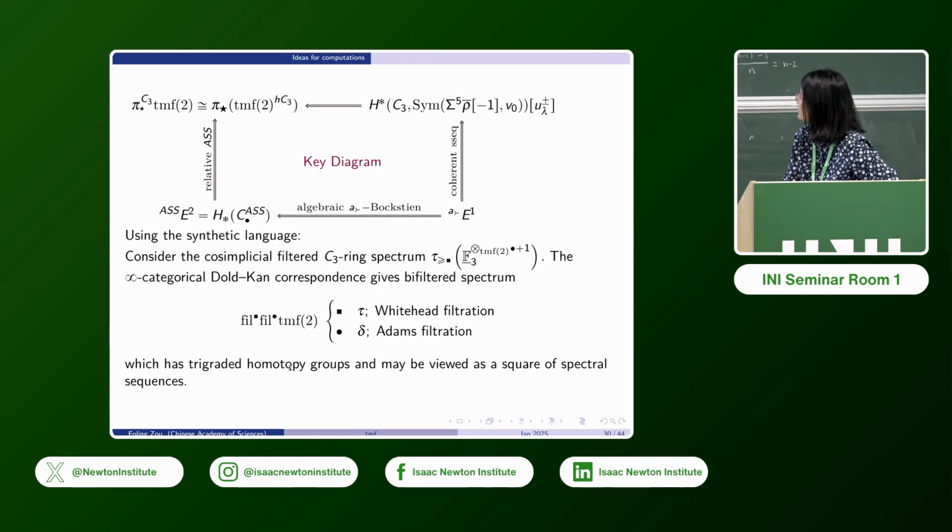Then we have a trigraded homotopy group, and we can fill in this as a tau-inverted tau-Bockstein spectral sequence for the delta-inverted unit in this category. Okay, so it's not important what I just said. The important thing is that we have this diagram of spectral sequences, and there's a synthetic interpretation of all these spectral sequences in this diagram.